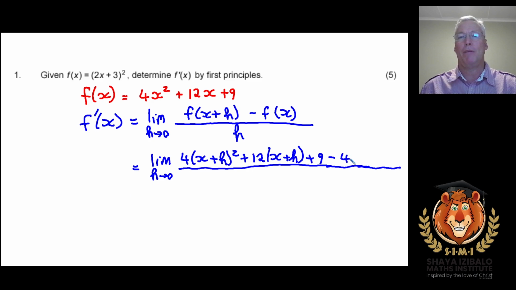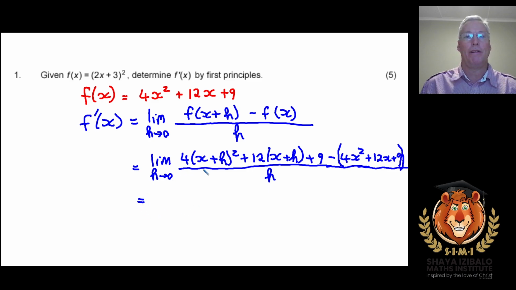Now just be careful here, because all of it needs to be subtracted. Safest thing is either to change the sign straight away, or probably safest still just put brackets in for now. Okay, and this is all over h.